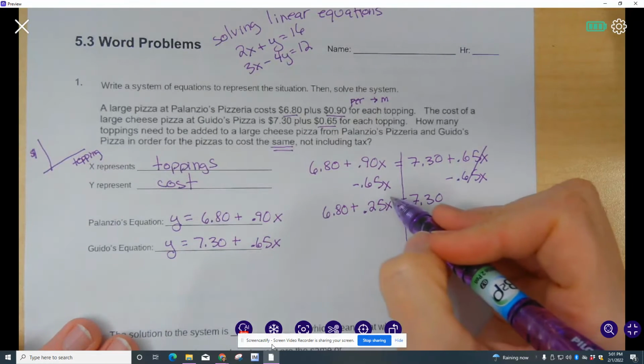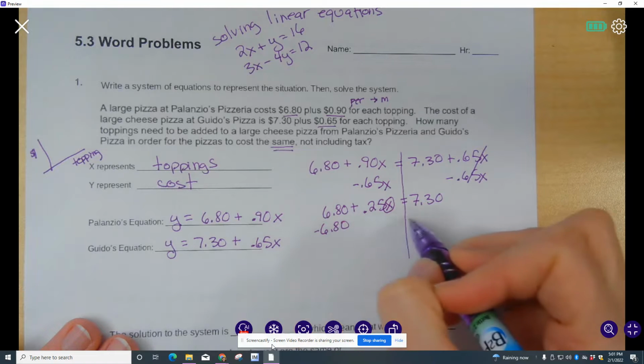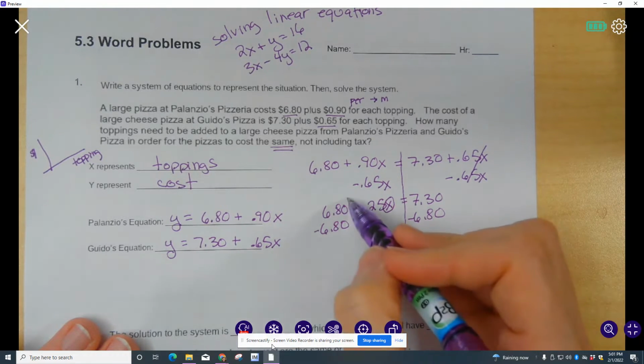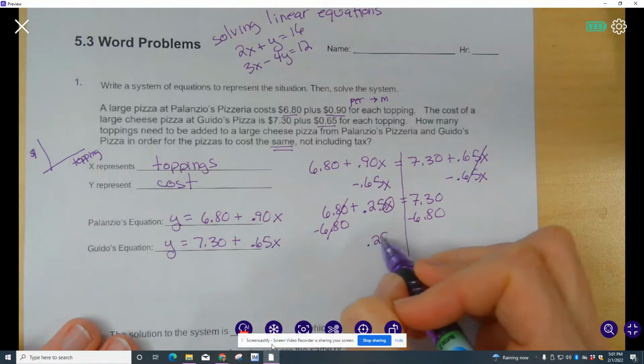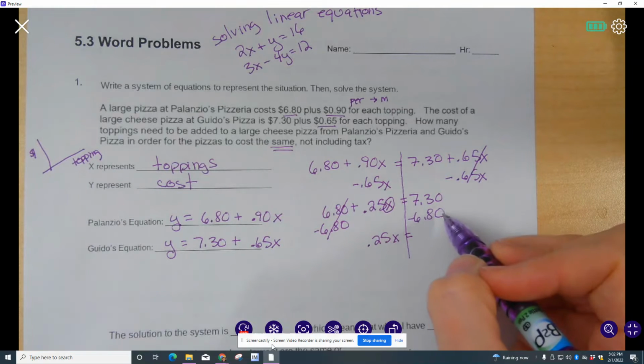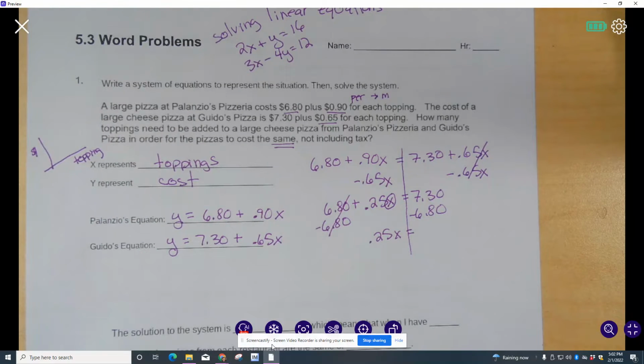Okay, remember you're solving for x, so undo addition and subtraction first. Subtract 6.80 from both sides, and I would have 0.25x equals, if I do this subtraction, I get 0.50, I think.